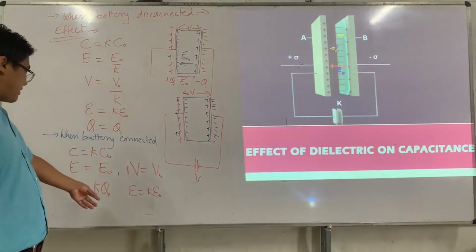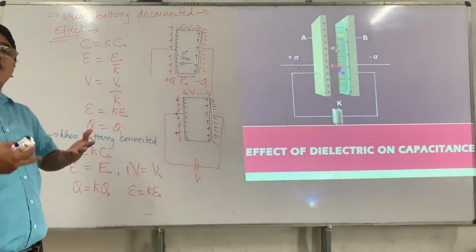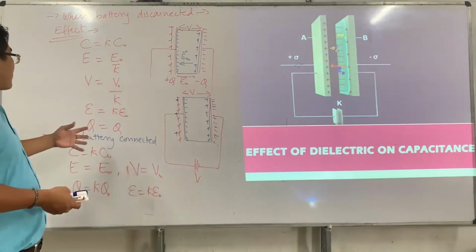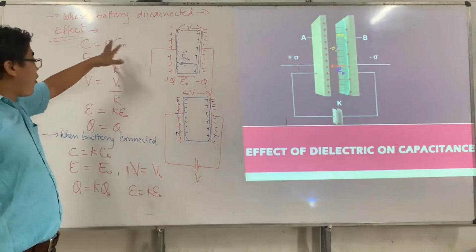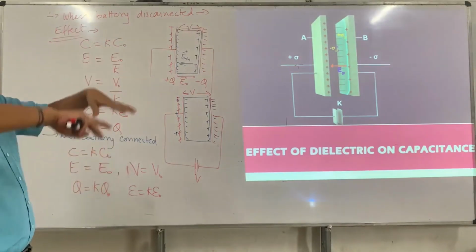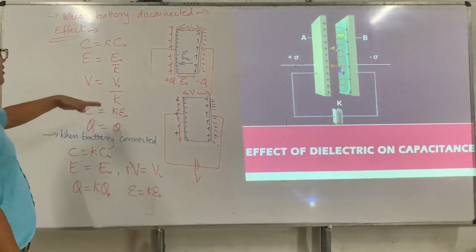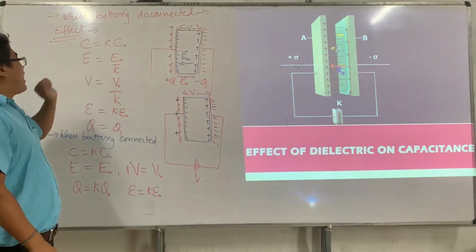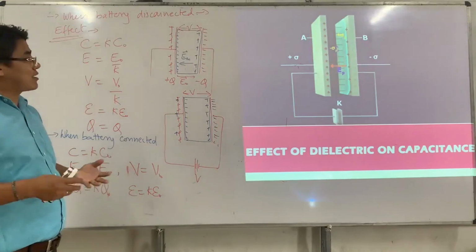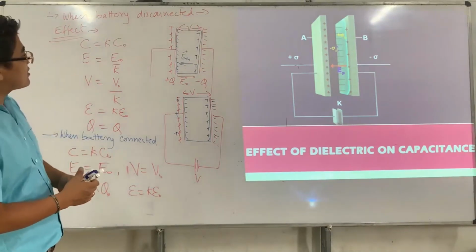What is going to change is the charge. The charge is going to increase so that capacitance increases. Here, in the disconnected case, charge remains the same. Capacitance increases because you lower the potential difference. Once you lower the potential difference, capacitance is going to increase.